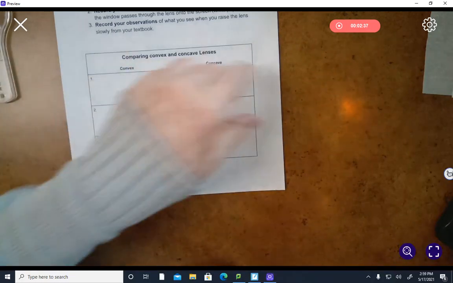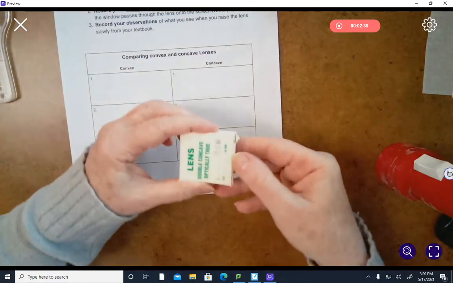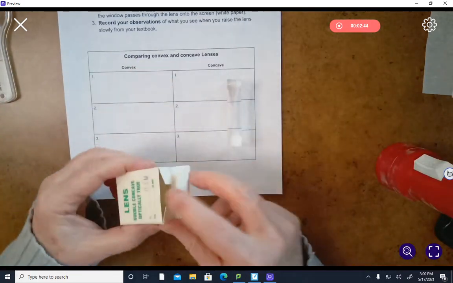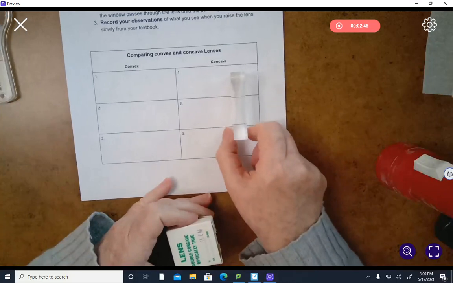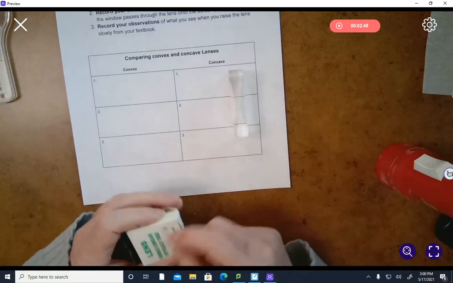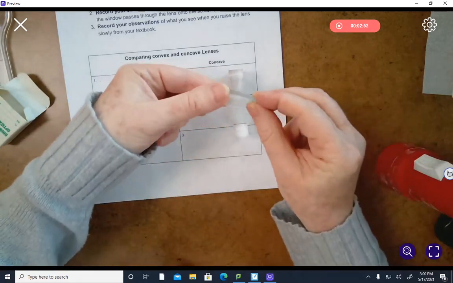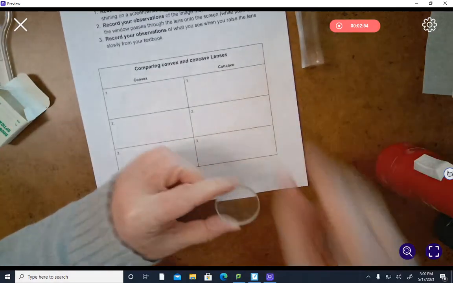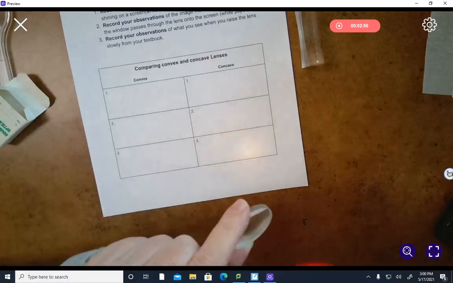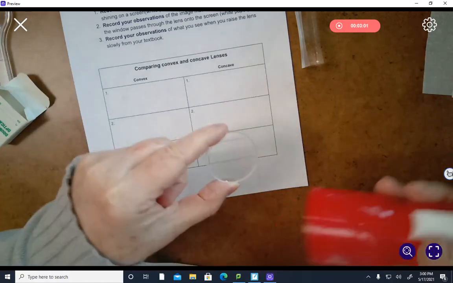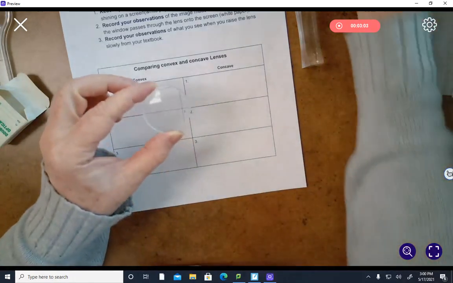And then a concave lens, I'm going to use this one. You can see right there that it sort of makes the lines on the paper look like they cave in. It's not a big difference, but the concave spreads it out.